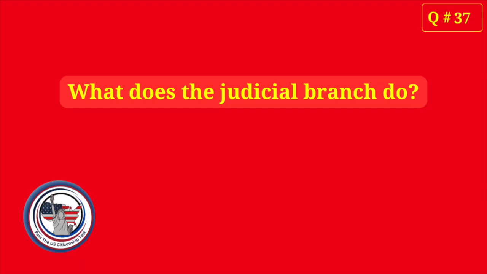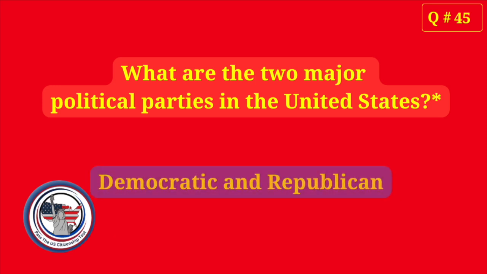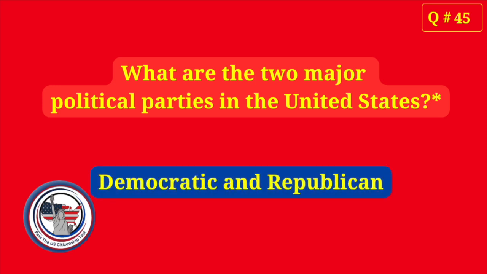What does the judicial branch do? Reviews laws. What are the two major political parties in the United States? Democratic and Republican.